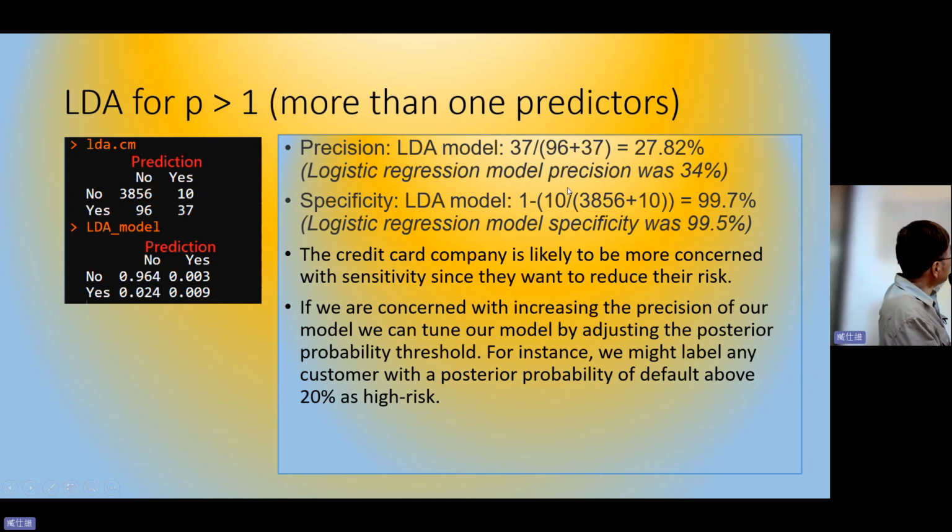So you can see the difference. You can also calculate the specificity, but this is not that important. What I mean here is, if we are using the LDA model, why is the precision lower than the logistic regression? This is what we are concerned about.